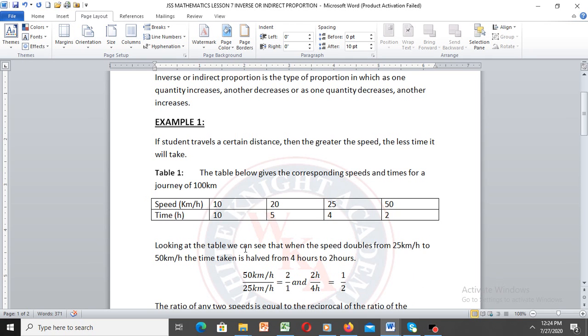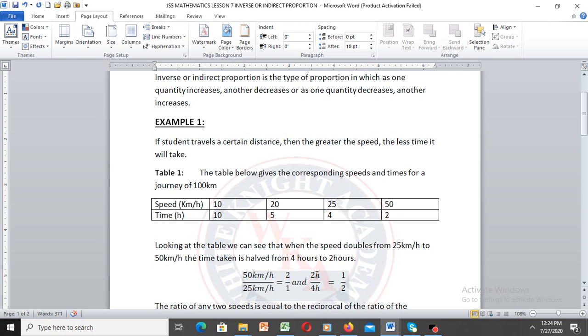Looking at the table, we can see that when the speed doubles from 25 kilometers per hour to 50 kilometers per hour, the time is halved. The time is slashed into 2, from 4 hours to 2 hours. So 50 kilometers per hour over 25 kilometers per hour gives us 2 over 1.